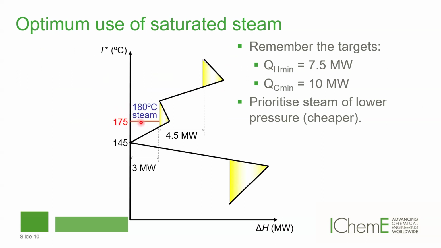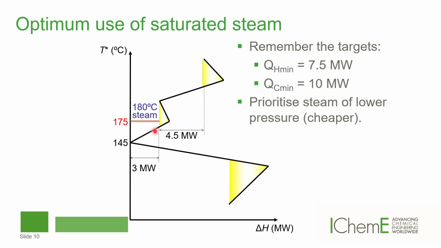Now, we draw a line all the way until it touches the heat pocket at this level. So we approximately need to get the horizontal distance, which is approximately 3 megawatts of 180 degrees Celsius steam.